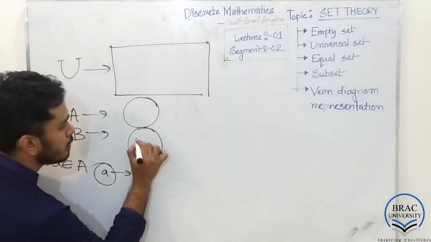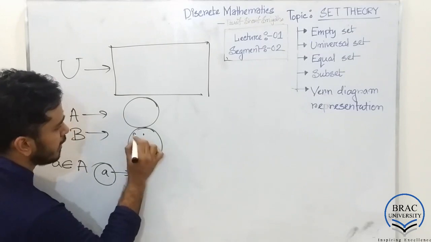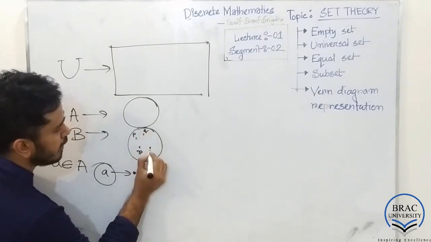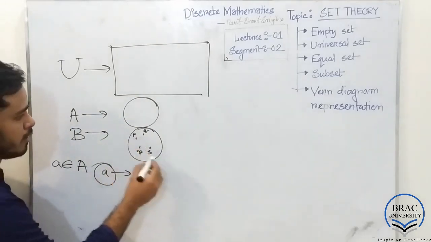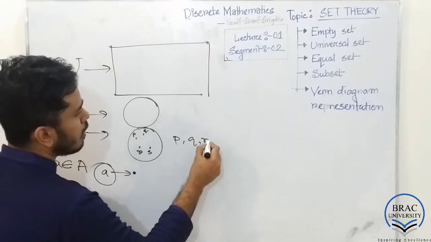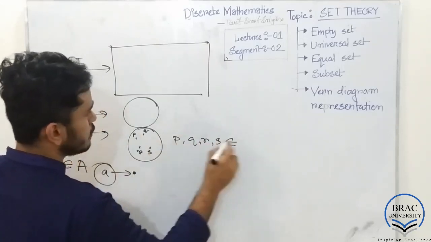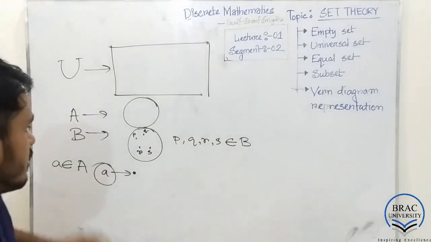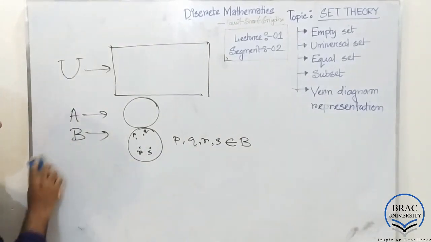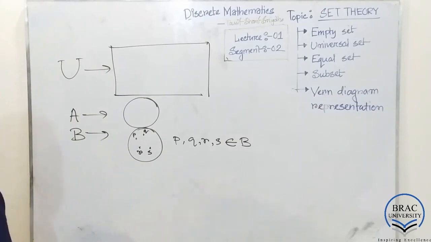So if we put some dots here and write p, q, r, s using small letters obviously, we claim that p, q, r, s belong to set B, right? Okay, this is mainly the basic rules of expressing sets through Venn diagram.